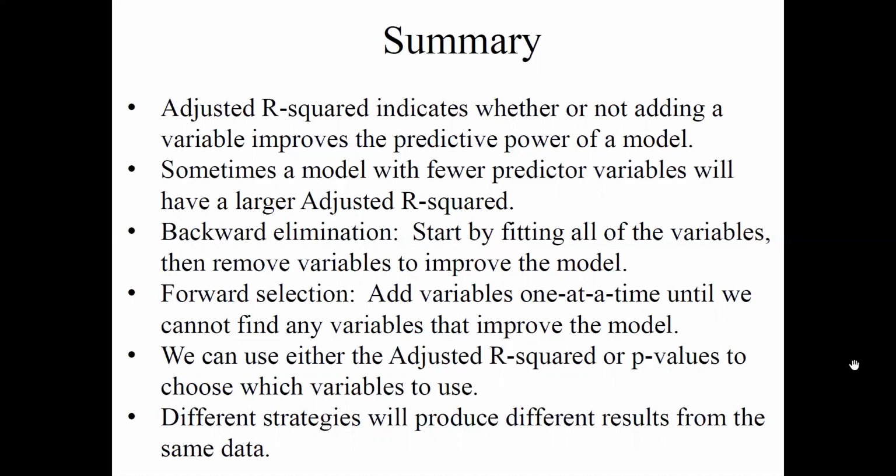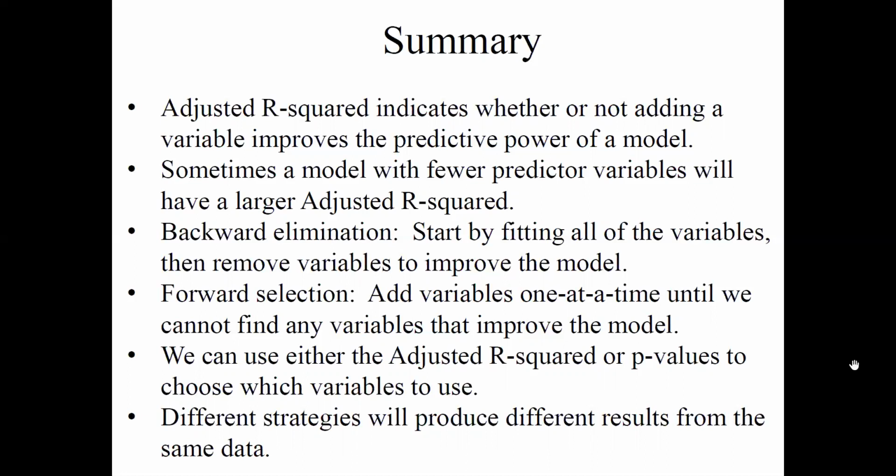In which case, we've got these two strategies. We can either do backwards elimination, starting with every single variable we've got and then gradually pruning them back until we've got the best possible model, or we can do forward selection, adding variables one at a time until we find any that improve the model, either based on the criterion of finding the largest possible adjusted R squared, or using p-values to decide whether to keep a variable or to discard it.